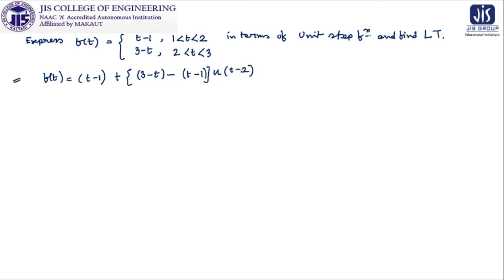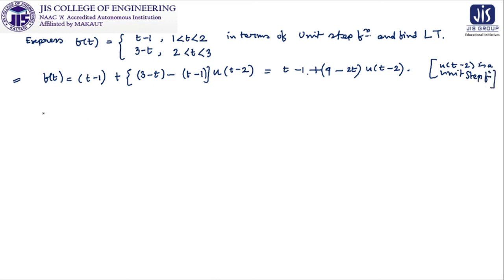So we can write the next line, by simplifying, as t minus 1 plus (4 minus 2t), simplifying the second bracket, into u(t minus 2). Obviously we should mention that u(t minus 2) is a unit step function.